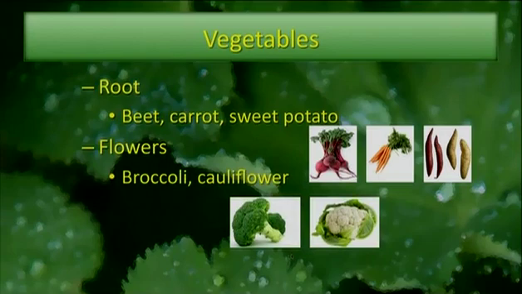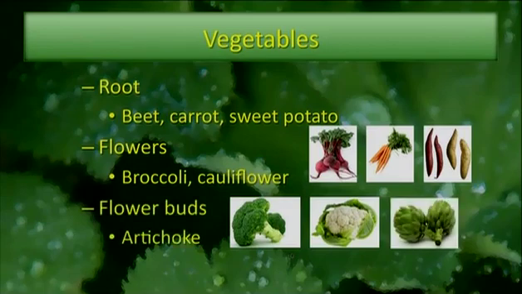These are actually flowers, considered to be vegetables. And also flower buds, such as artichoke. I was going to buy some artichoke, but they were like $3.50 each, and I thought, oh my gosh, that's too expensive. But you can remember that artichokes are actually flower buds.